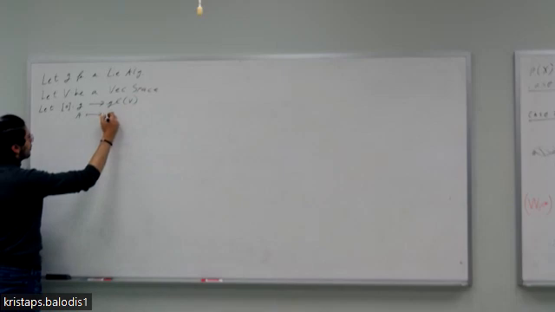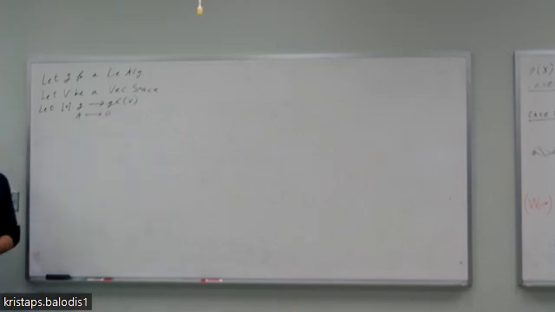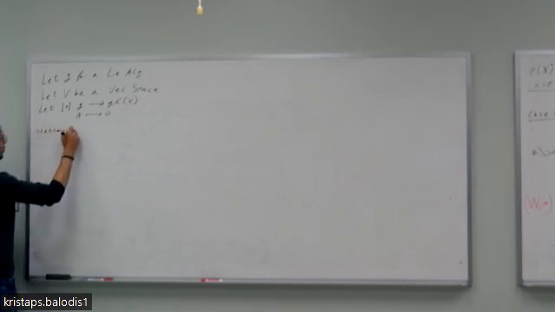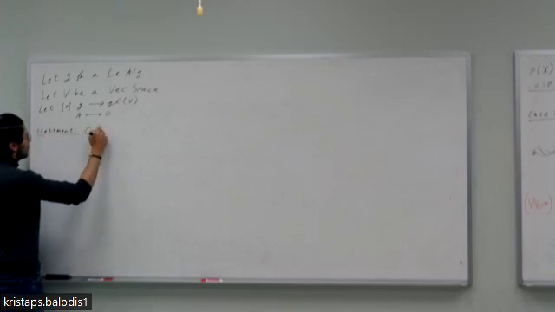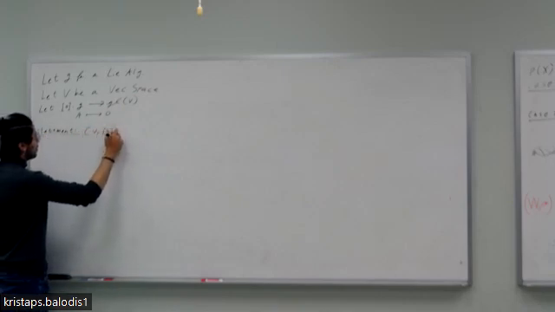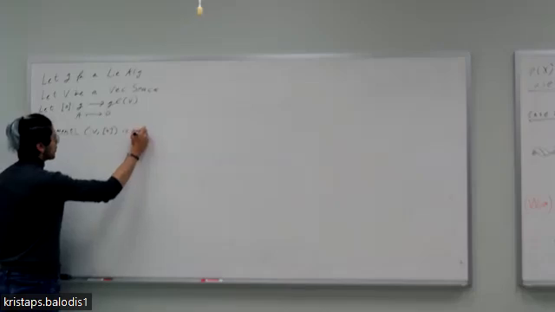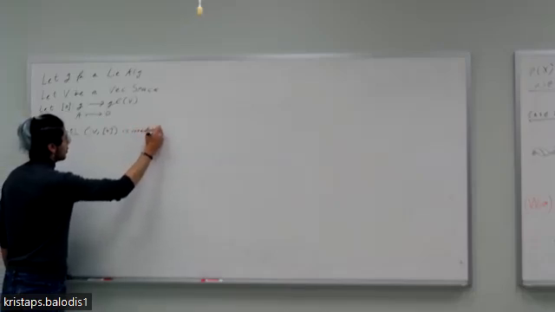Sure, you can just write 0. Okay. Cool. And then the statement: V, 0 is irreducible.